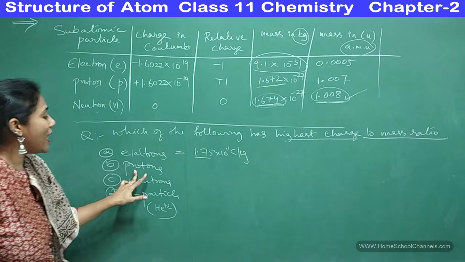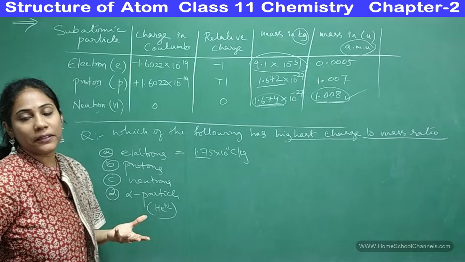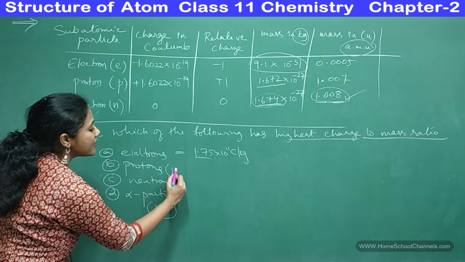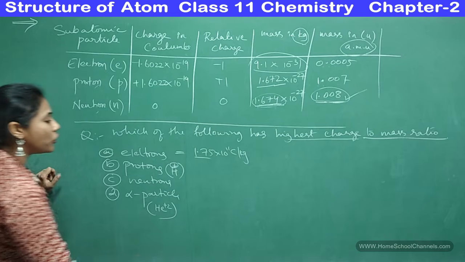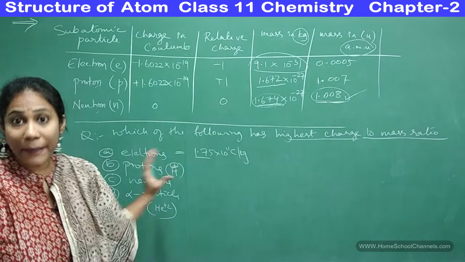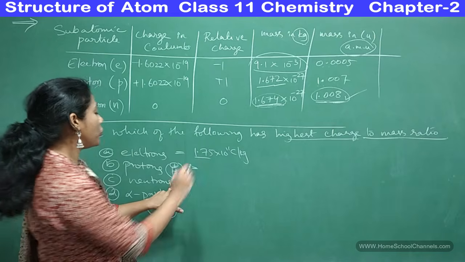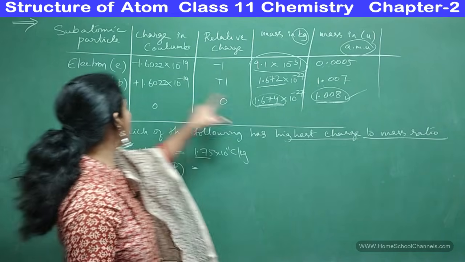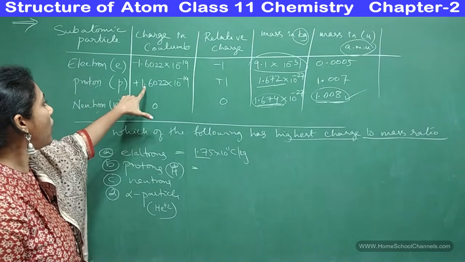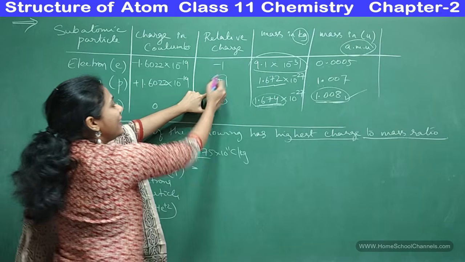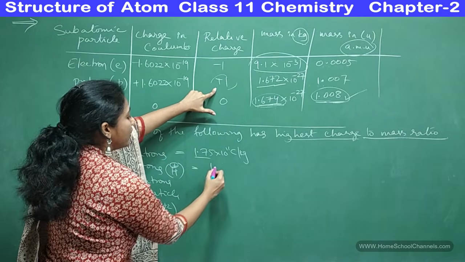And what about the charge to mass ratio of proton? Here proton means H plus nuclei. Remember this. So what is the charge of a proton? I'll take a relative value. It is 1, right?